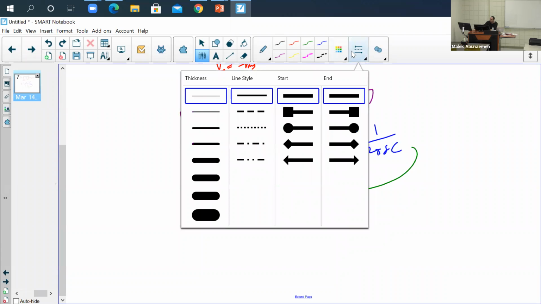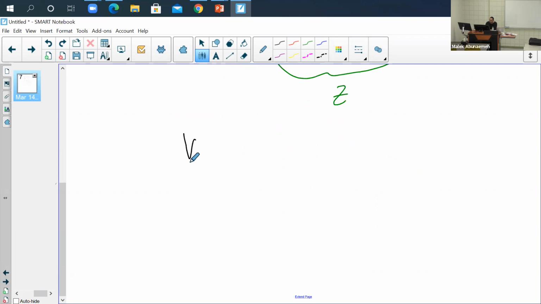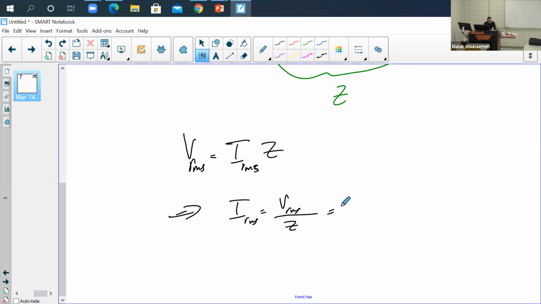So your root mean square voltage is going to equal your root mean square current multiplied by your Z, which means that your root mean square current is going to equal your root mean square voltage divided by your impedance. Let's open it up.